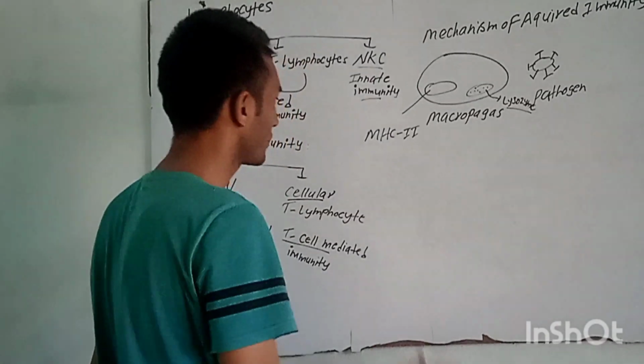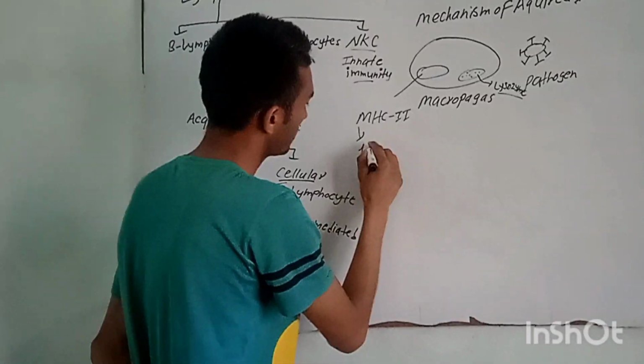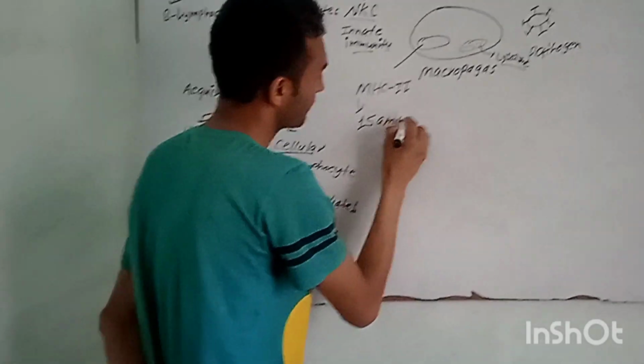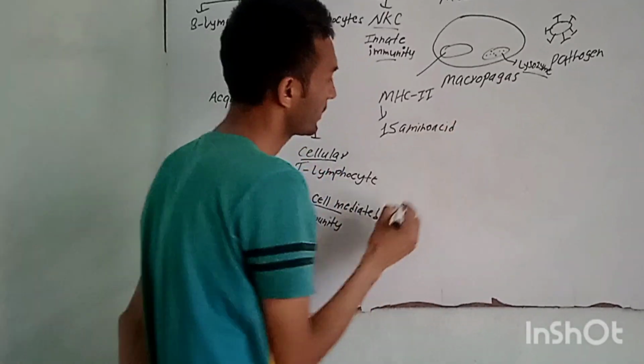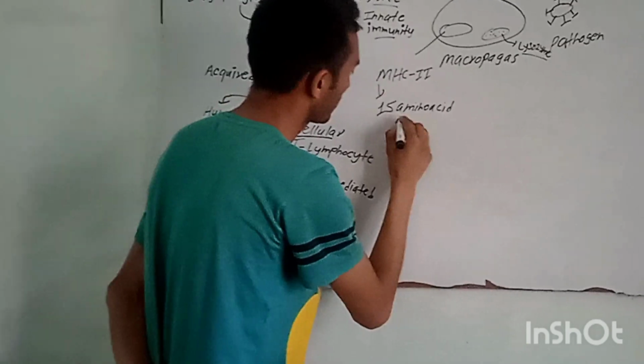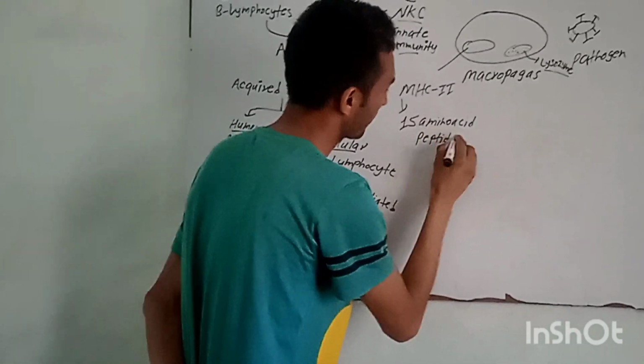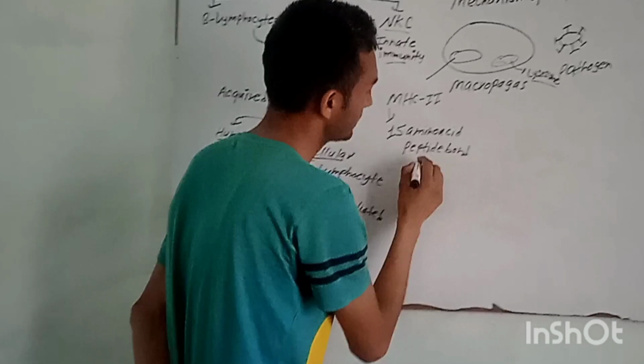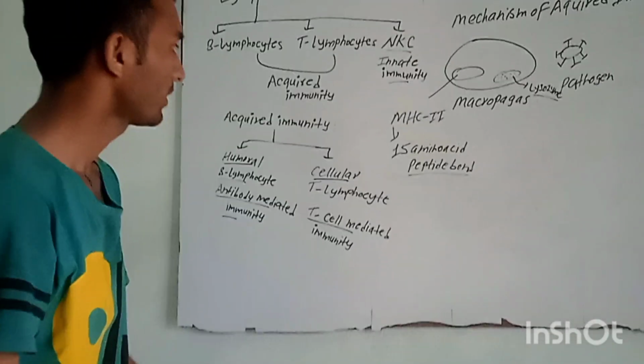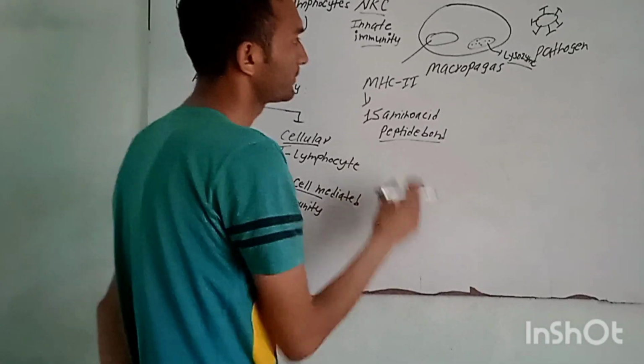It is a protein which is made by 15 amino acids linked by peptide bonds. Peptide bond is mainly present between two amino acids.